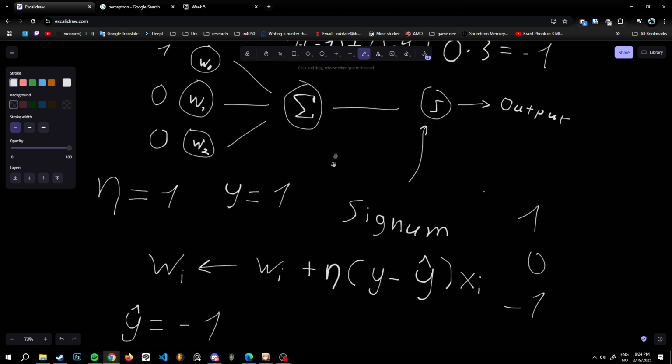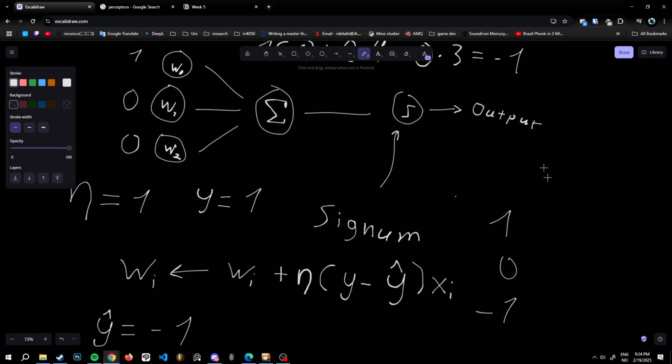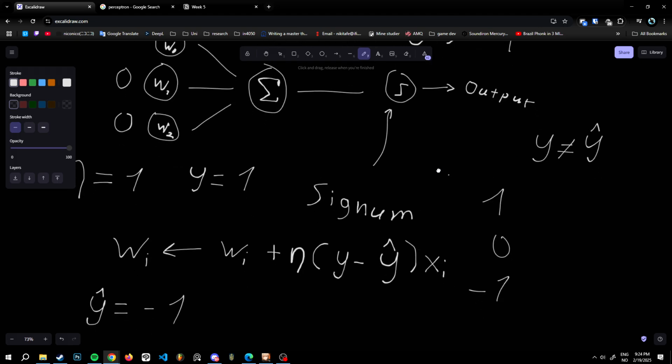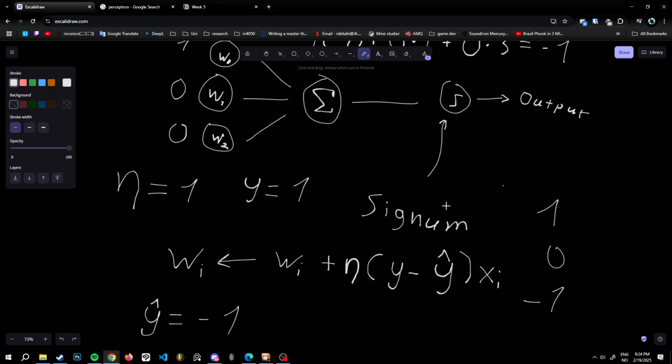Mathematically, if you want to evaluate whether the output is correct or not, you can just check if y does not equal our actual output. If our desired output does not equal this output, then we perform a weight update.